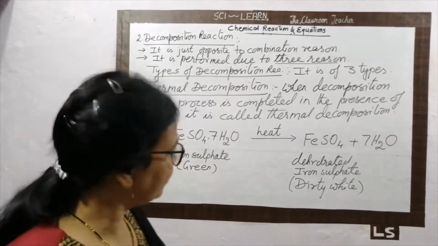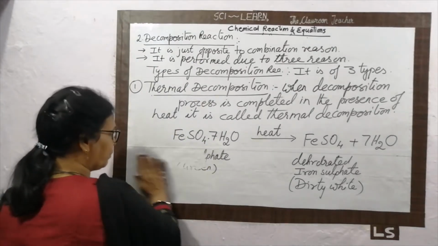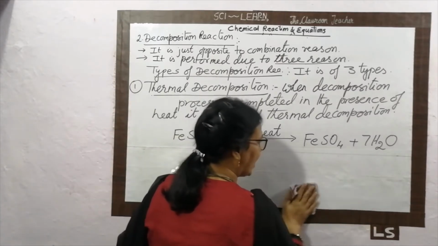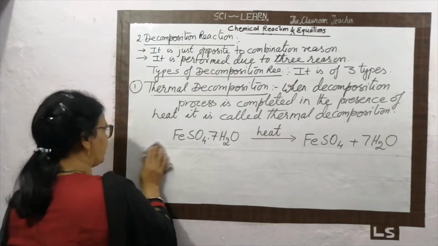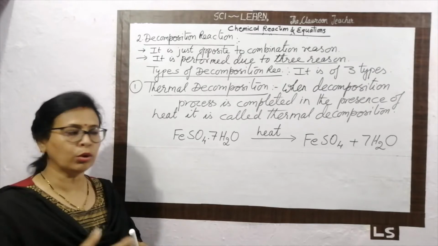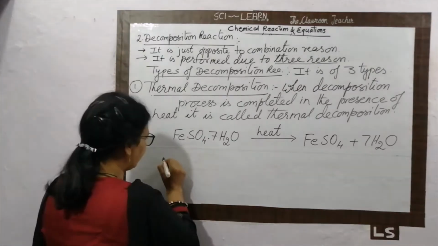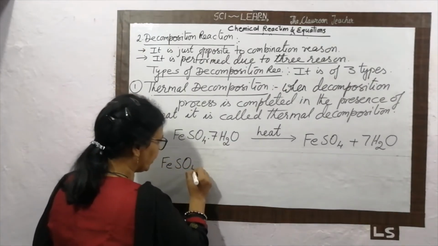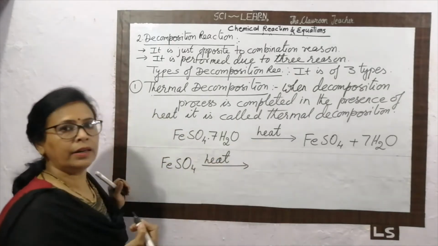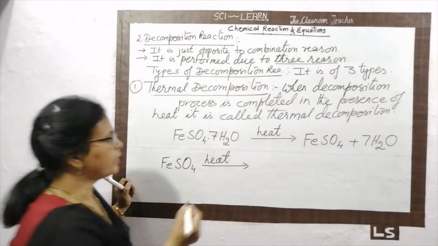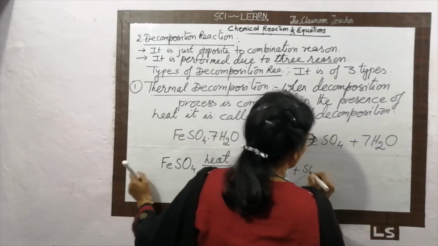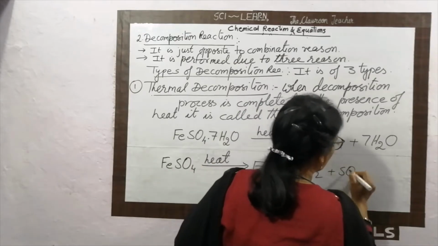Now what is next? This iron sulfate, when dehydrated, the reaction will not stop at this place. If we heat FeSO4 more, or the heat is provided continuously, it splits up into Fe2O3, SO2 and SO3.